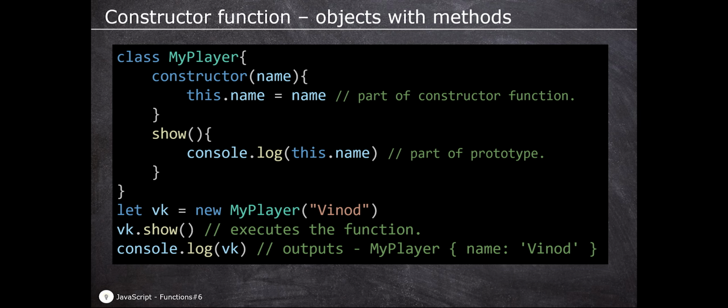And all this is done by JavaScript internally. By the way, the static methods and instance methods are never part of the prototype. Static methods are defined at the class level and instance methods are specific to an instance.